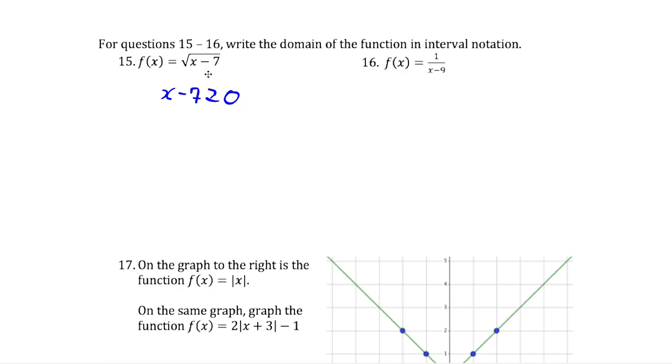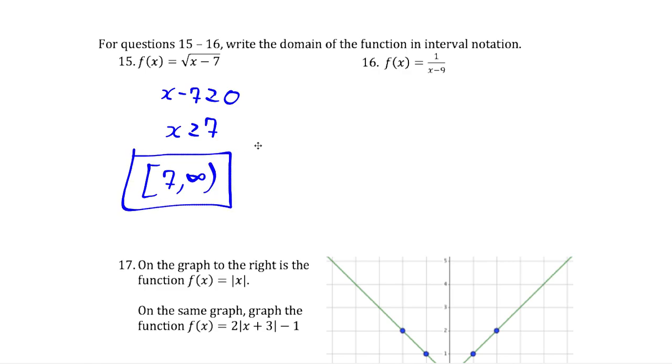Square root of 0 is 0, but anything less than that is imaginary. So that means that x must be greater than or equal to 7. Writing this in interval notation, because it's a greater than or equal to, it gets a bracket. I start with 7, and everything greater than that, up to infinity. So there's my domain.